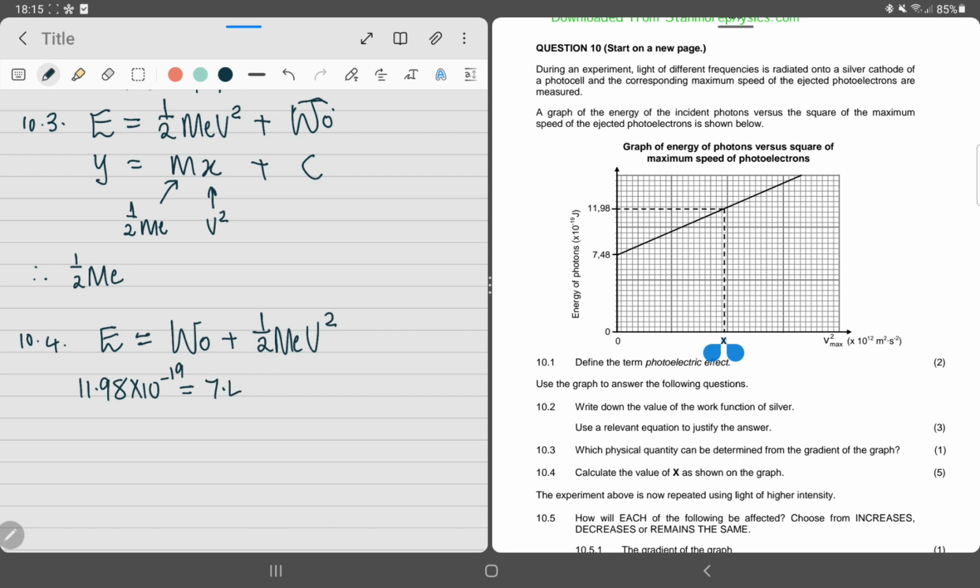The work function is 7.48 times 10 to the exponent of negative 19, plus half the mass of electron is 9.11 times 10 to the exponent of negative 31 v squared.